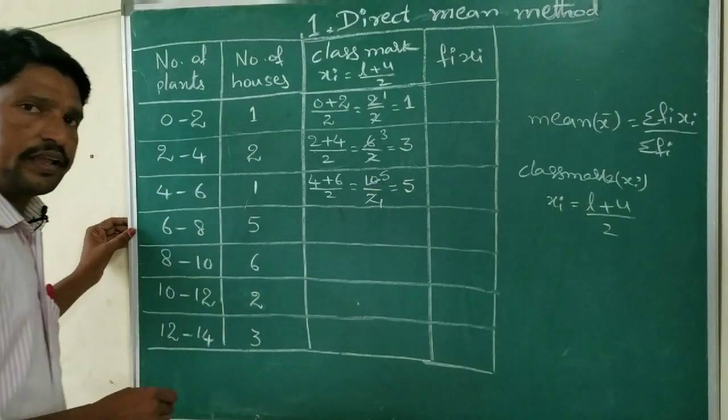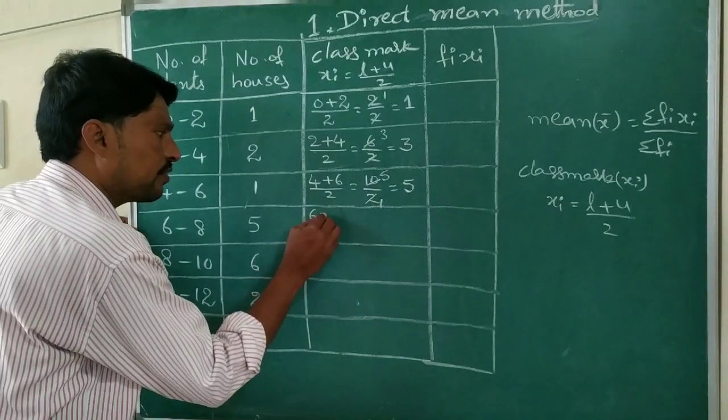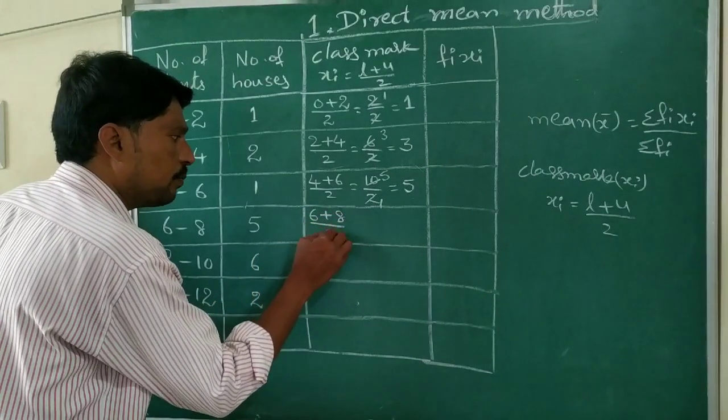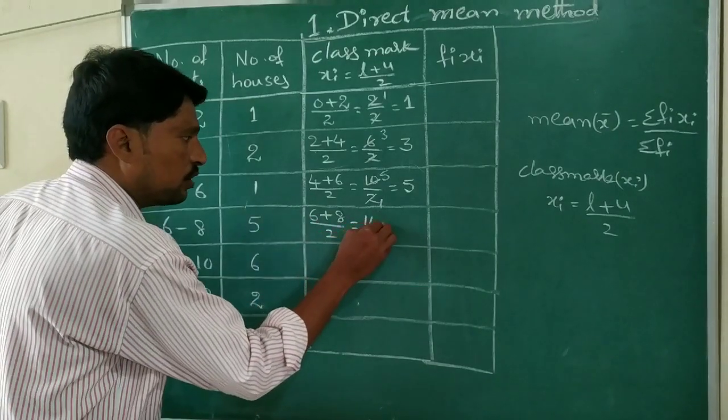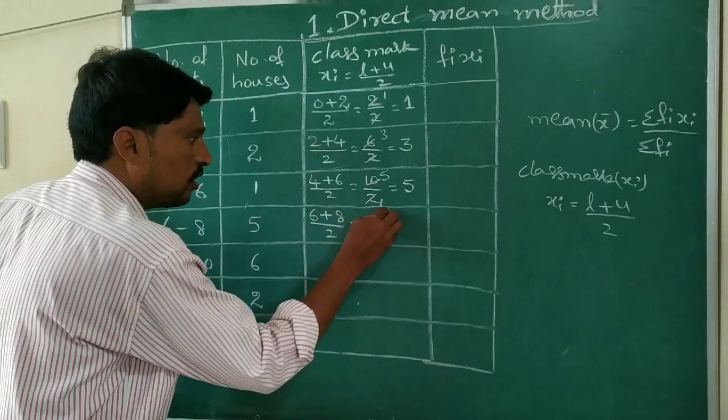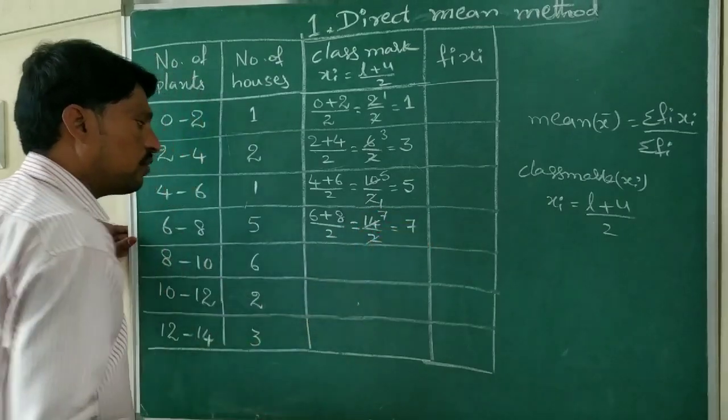Next, 6 to 8 class interval, lower limit is 6, upper limit is 8. We are taking the average here. 6 plus 8 is 14, 14 by 2, so 7.